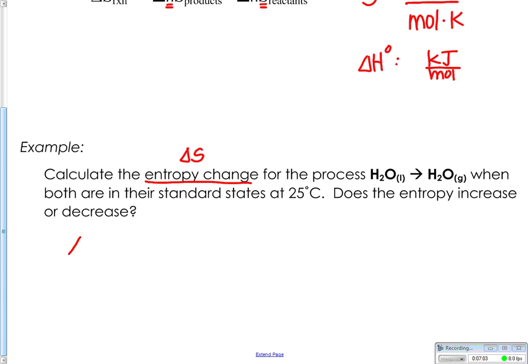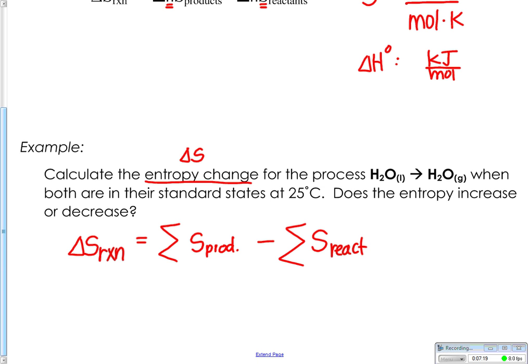So to find the delta S for this particular reaction that I've given you, I need to first add up all the S values for the products. And then I'm going to add up all the S values for the reactants. And I'm going to subtract reactants from products. So it's easy to mess this up.